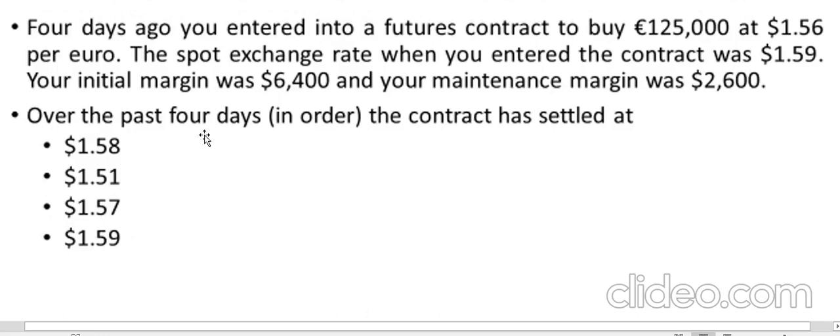For the past 4 days, meaning day 1, day 2, day 3, day 4, the day-end market prices are given for the purpose of adjustment. So at the end of day 1, assuming that the euro was priced at 1.58 instead of 1.56, we're going to adjust the contract now based on 1.58 actually.